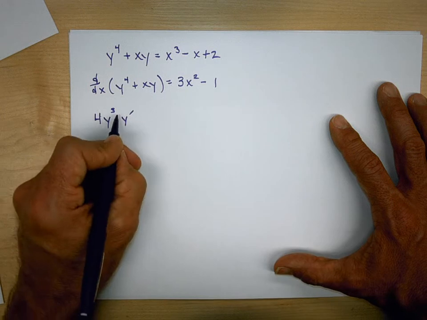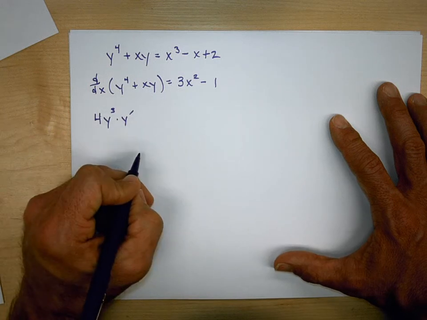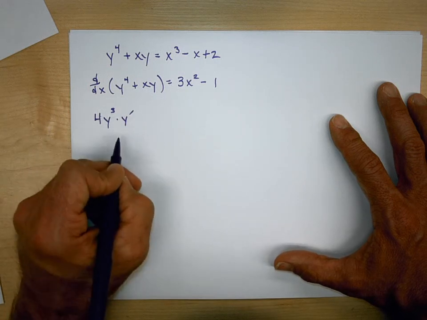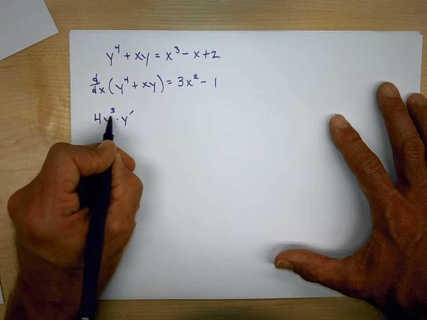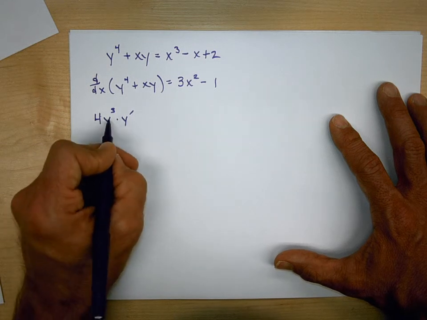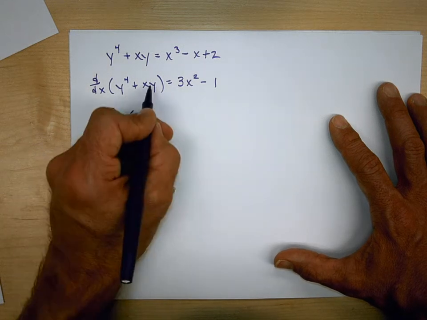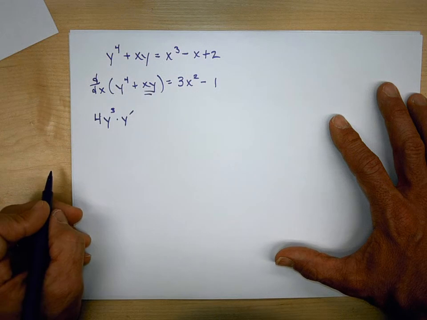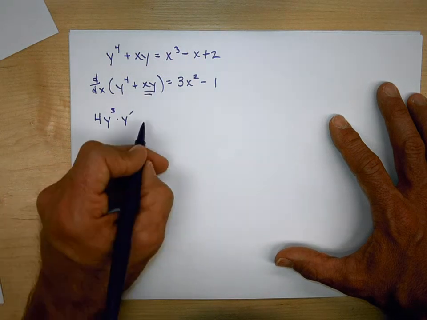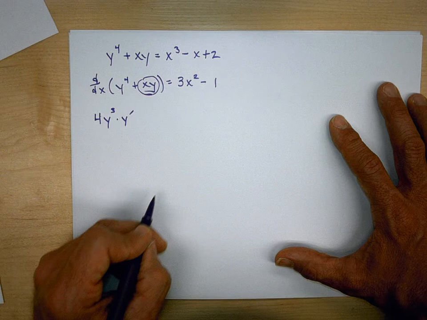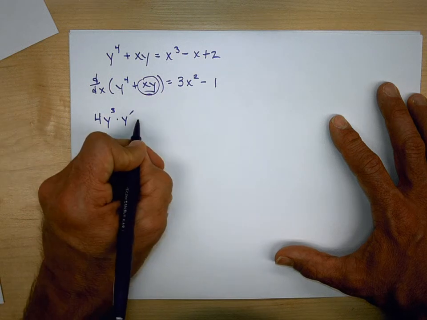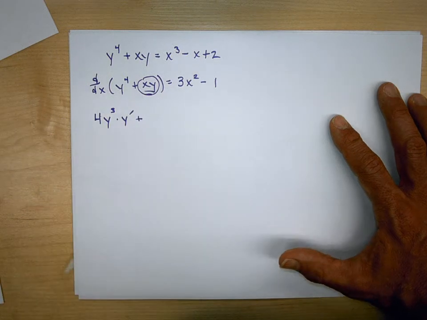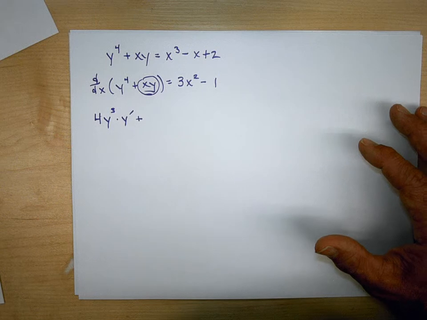Again, you can think of the outside function as being to the 4th, and so that's going to be 4y cubed. But I have this y in here that is a function of x, and by the chain rule, I have to multiply by its derivative. Here, we've already done this one, so we can do it again, but we're going to need the product rule to figure that out. Although we've already done it, so let's not kill ourselves doing it again.